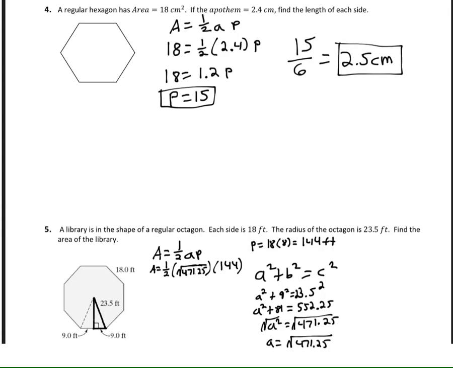If I multiply all this out, the area of my octagon, or my library, is going to be 1,562.997 feet squared. So we have just used some things we used before to find the area of a regular octagon.